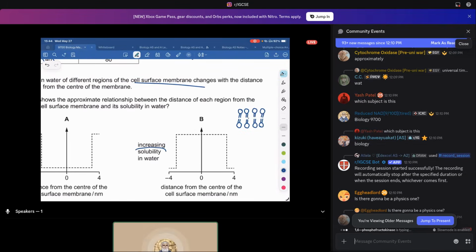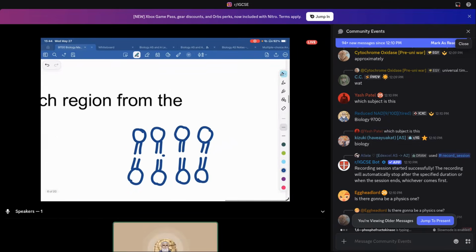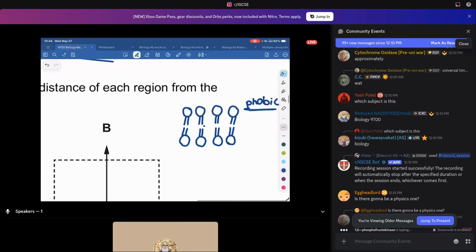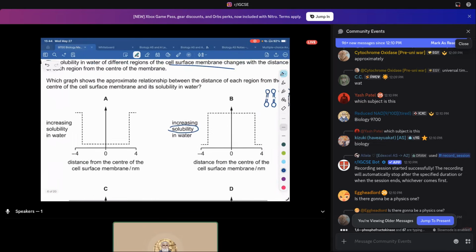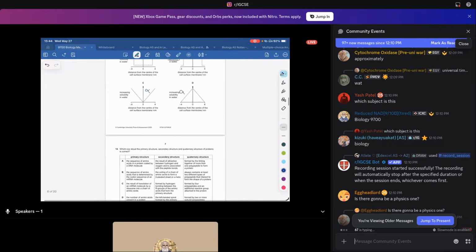In B, we have that the center is the most soluble. Is the center, the hydrophobic core, the most soluble? Definitely not. It's the least soluble. Rather, the phosphate heads are the soluble ones because they're hydrophilic. The answer is A.